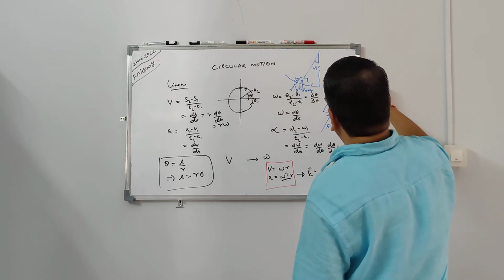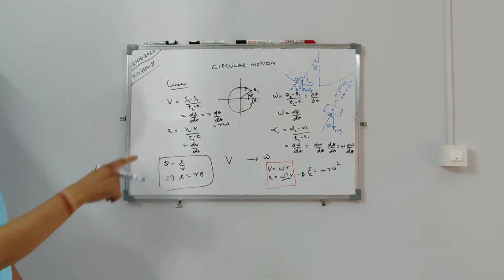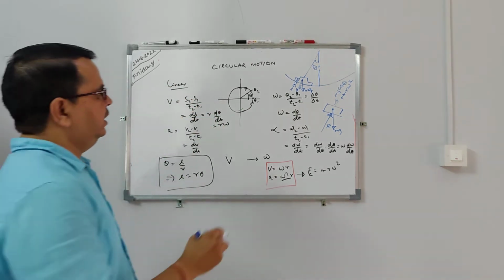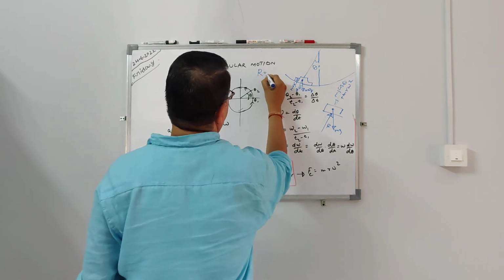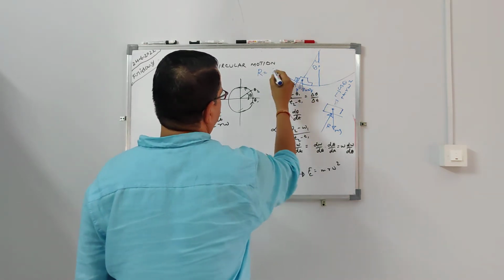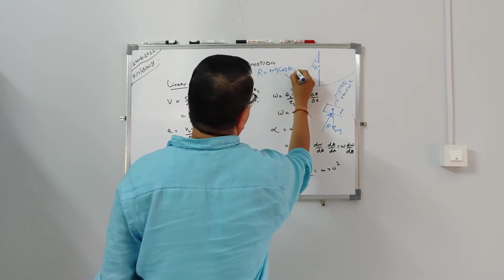So when a car is moving on a concave surface like this, R is mg cos theta plus mr omega square.